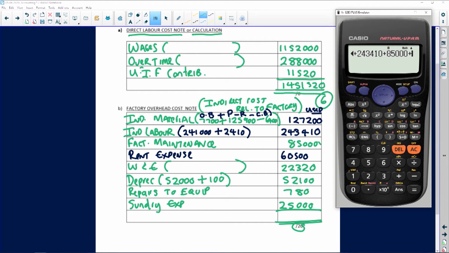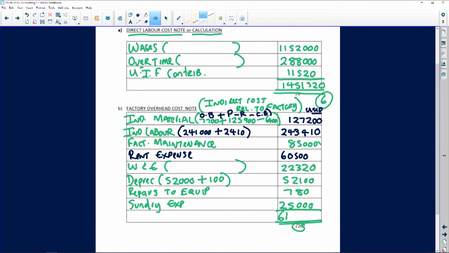Okay, checking the zeros there, plus 60,500, okay, plus 22,320, okay, then adding the 52,100 plus 780 plus 25,000. Okay, and that gives me an amount of 616,310. So let's fill that in. 616,310, all for 20 marks.